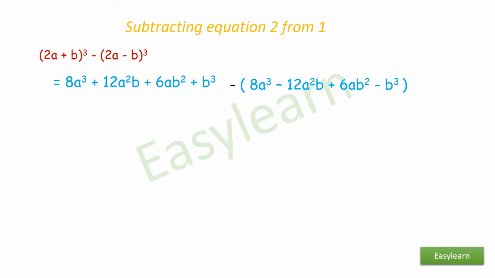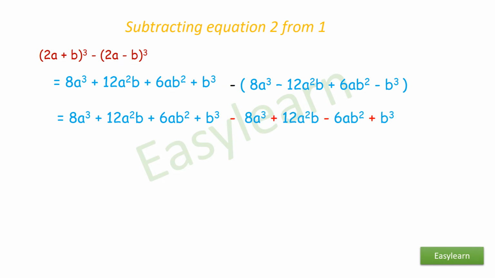Now we know whenever there is a negative sign outside the bracket, all the signs inside the bracket will change when you open the bracket. Therefore the next step is 8a cube plus 12a square b plus 6ab square plus b cube minus 8a cube plus 12a square b minus 6ab square plus b cube. So if you can see, all the signs have changed for the second bracket because there is a minus sign in front of the bracket.